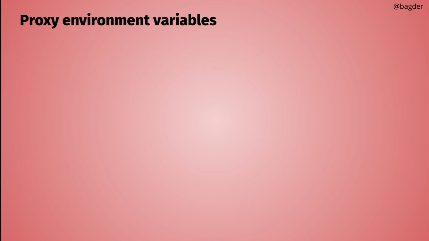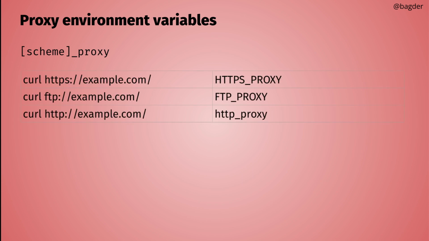Typically, you control which proxy to use by setting environment variables. Basically, they are selected by the scheme in the URL you're using. If you're going to HTTP, then curl will check the http_proxy environment variable. Going to HTTPS, it checks https_proxy. FTP checks ftp_proxy.